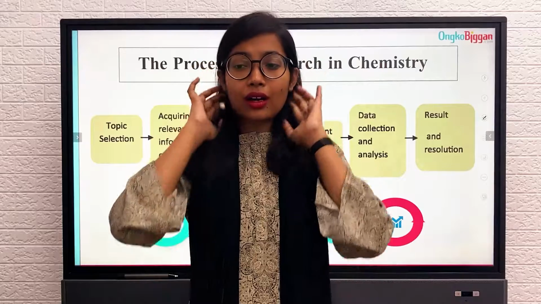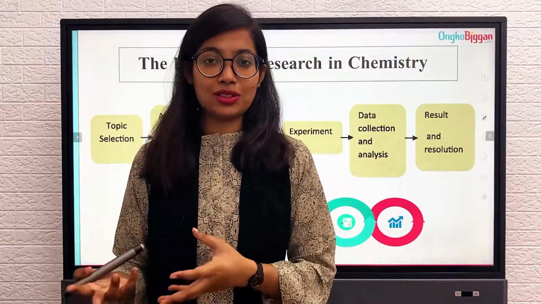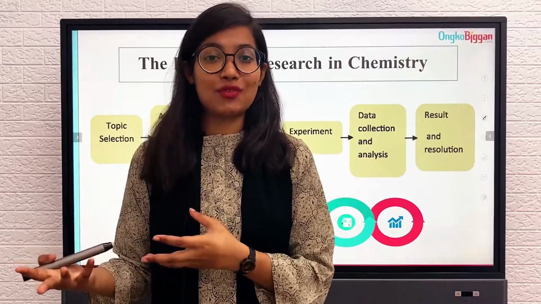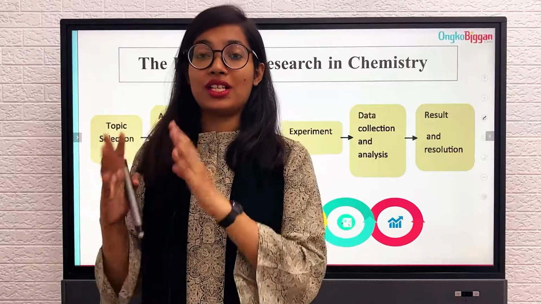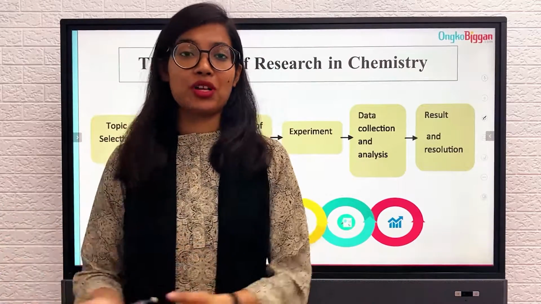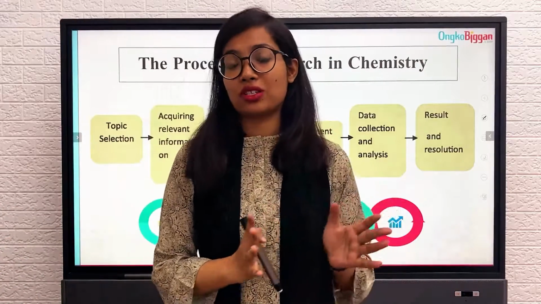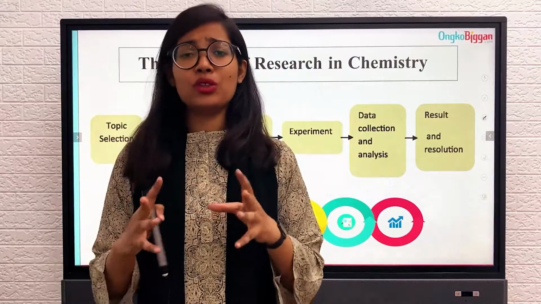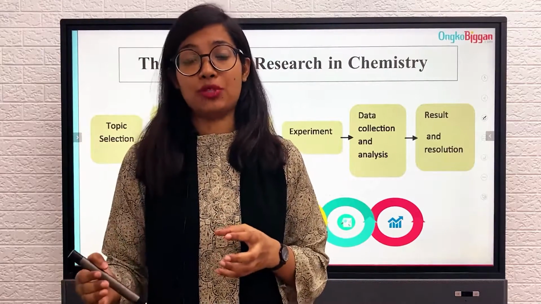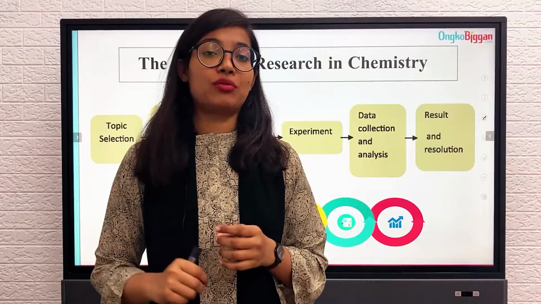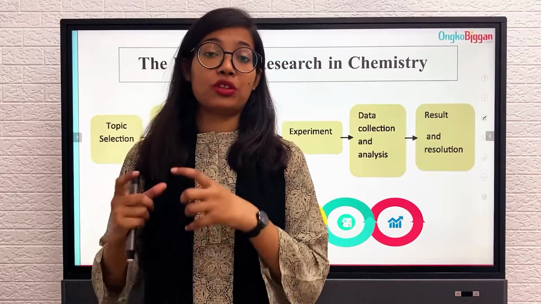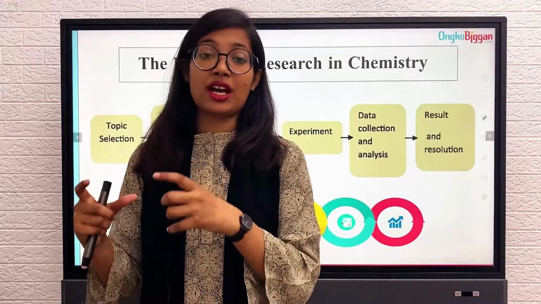So how am I able to tell all this information? How am I able to identify that this is an exothermic chemical reaction and this is an endothermic chemical reaction, and how can I differentiate between them? I can differentiate between them with the logic, the theories, the data I have found.